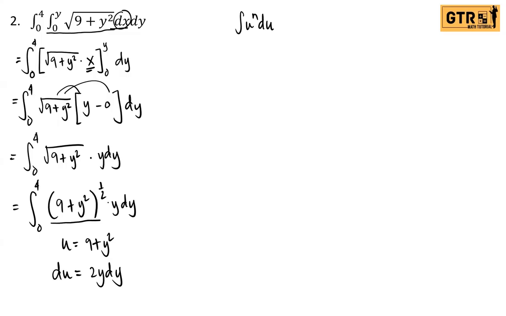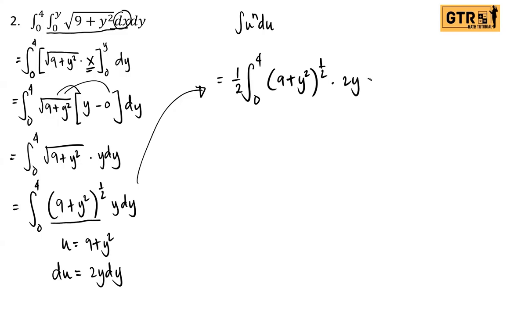So we can multiply this by 2 and then 1/2, to make it in the form u to the n du. So that can be equal to 1/2 integral 0 to 4 9 plus y squared raised to 1/2 times 2y dy. So it is now in the form u to the n du. So this is our u, this is the n, and this is the du. So we have neutralizing factor of 1/2.